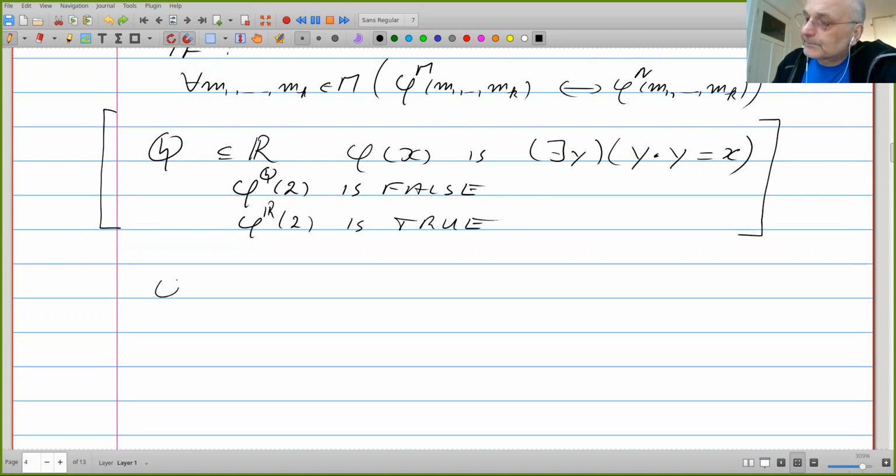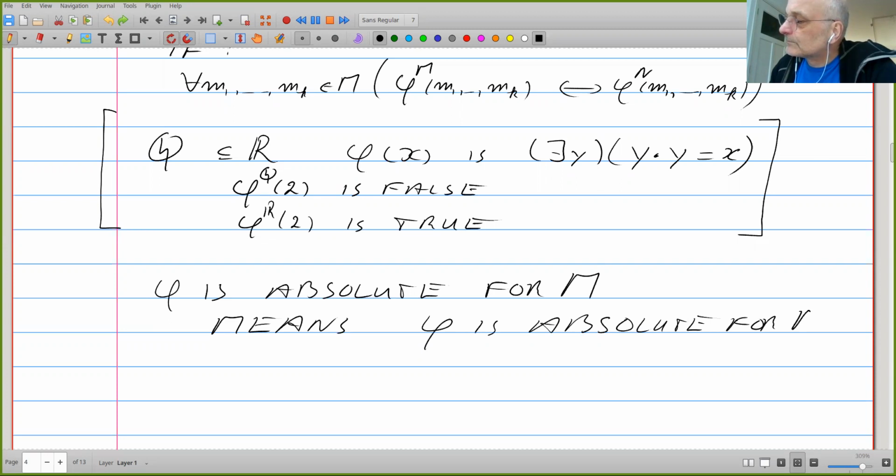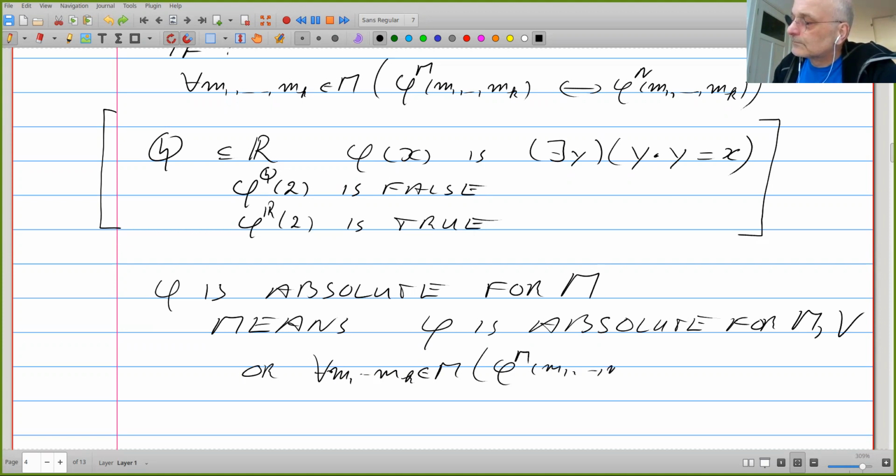And we also will be looking at absoluteness between M, some set, and the whole universe.